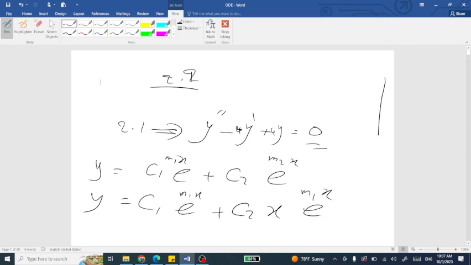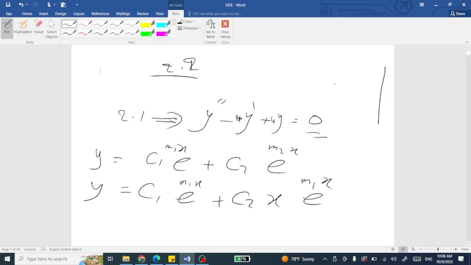Then sometimes we have a complex value, because when we try to solve by the quadratic formula, we get a complex value. In that case, the important thing is to find which one is alpha and which one is beta.